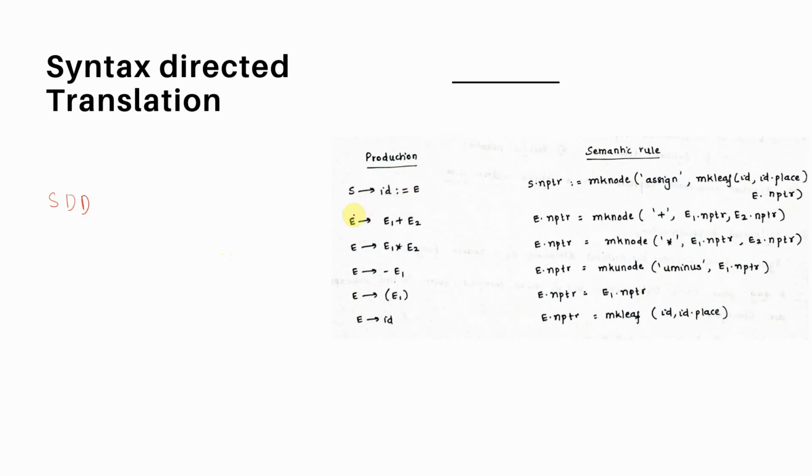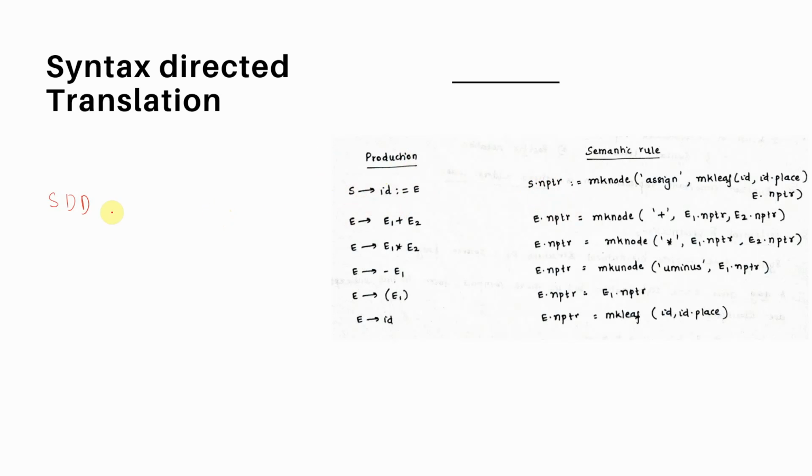Say if you consider this rule, this is a valid grammar rule, and there is an action associated with this. That is s.nptr, the value associated with each of these production rules. Okay, that is called SDD.